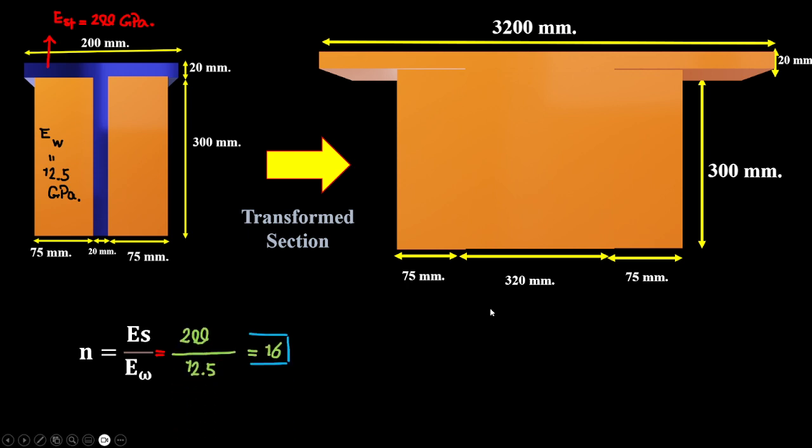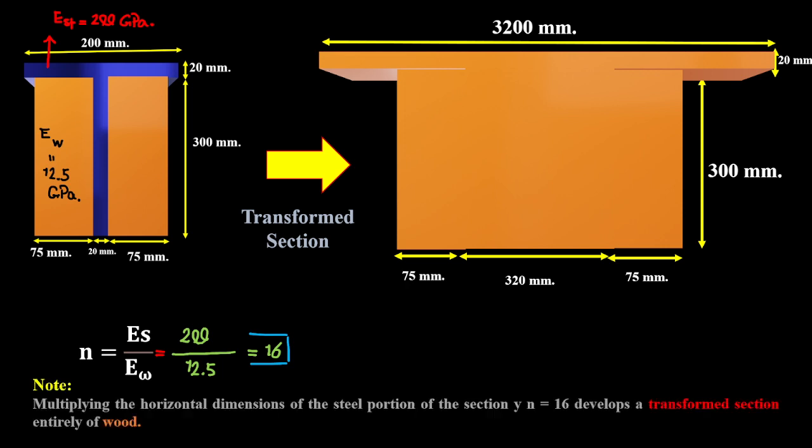If you do the math, it gives a numeric value of 16, which means you have to multiply the horizontal dimensions of the steel by 16 to get the transformed section. So 20 times 16 is 320 millimeters, and 200 millimeters times 16 is 3200 millimeters.